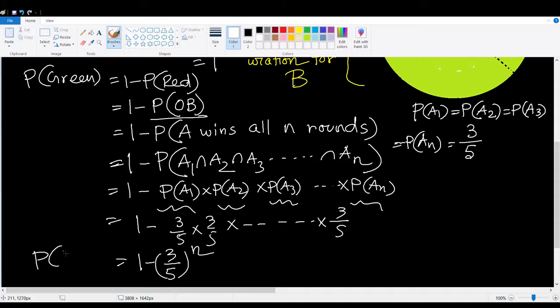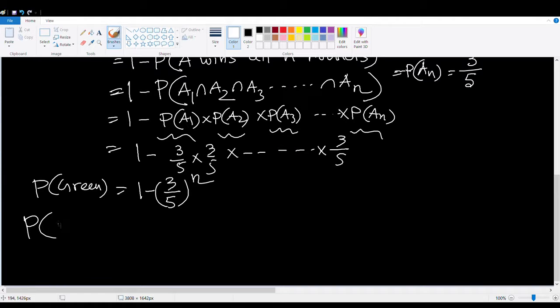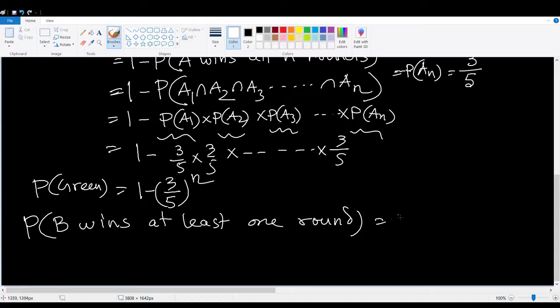Okay, so this is P green. In other words, this is the probability of B winning at least one round. That's it.